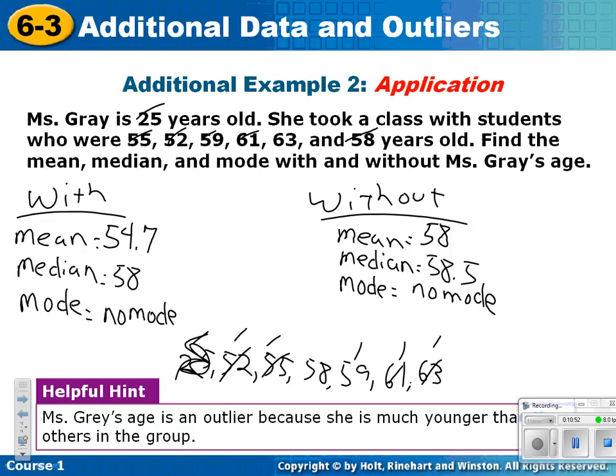Notice that the mean changed quite a bit, didn't it, compared to the median. The median only changed by a half, 0.5. The mean changed by almost 4. That's a big difference.